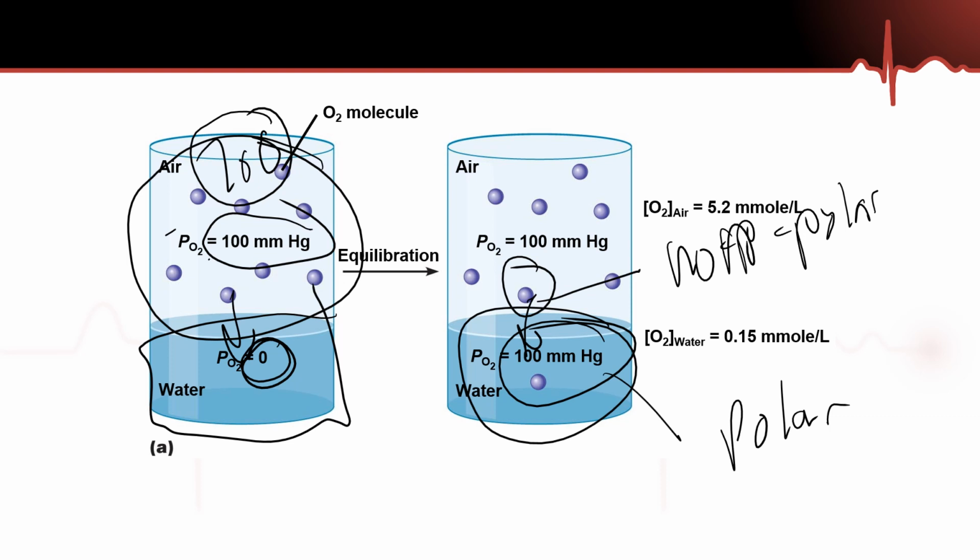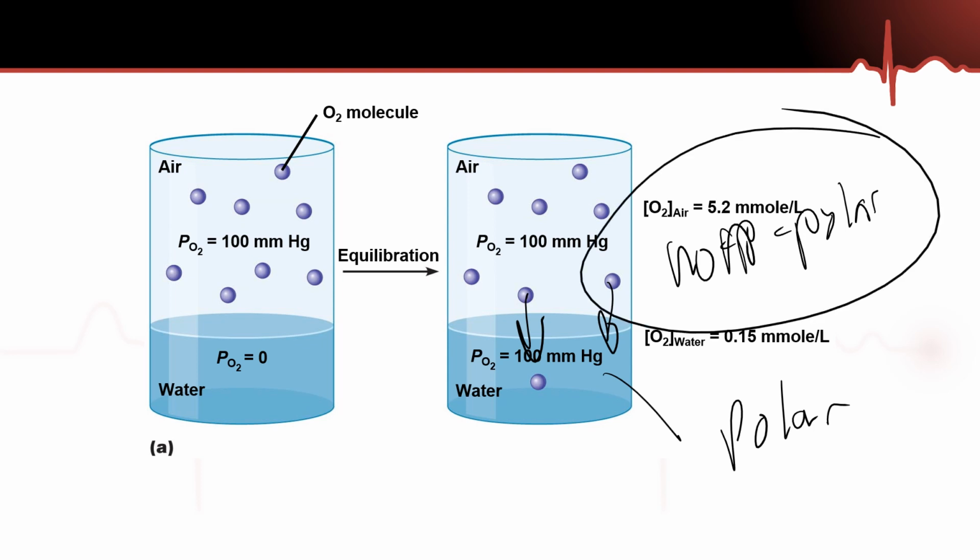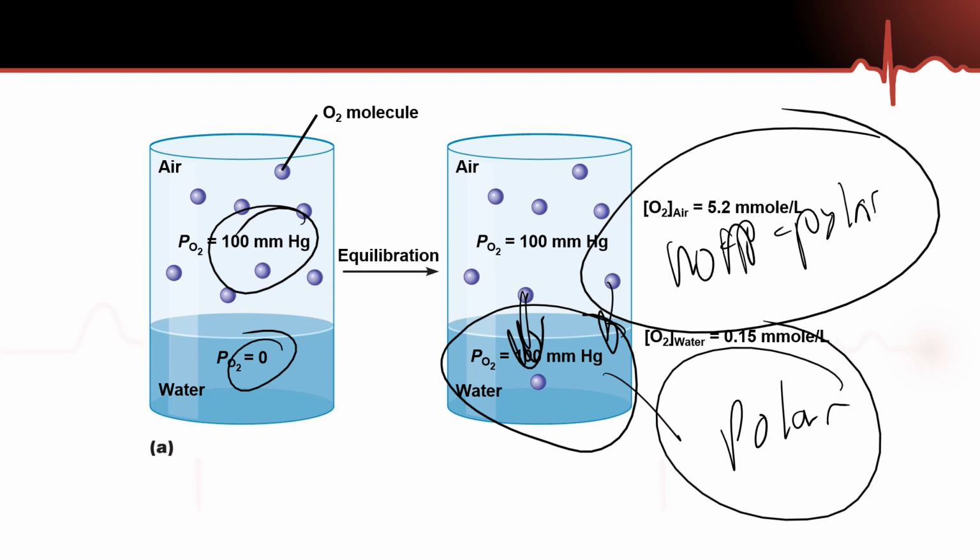Let me say that one more time because it's incredibly important for the rest of this. If a molecule of oxygen, and that molecule of oxygen is very nonpolar, moves down its partial pressure gradient, right, from 100 to 0, into the water where the partial pressure is 0, that molecule of oxygen, because it's very nonpolar, will bounce around like nuts in the polar water that it just went into, right?